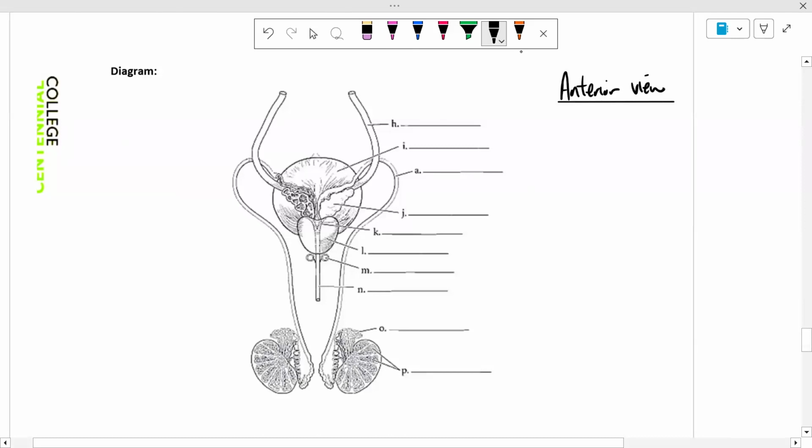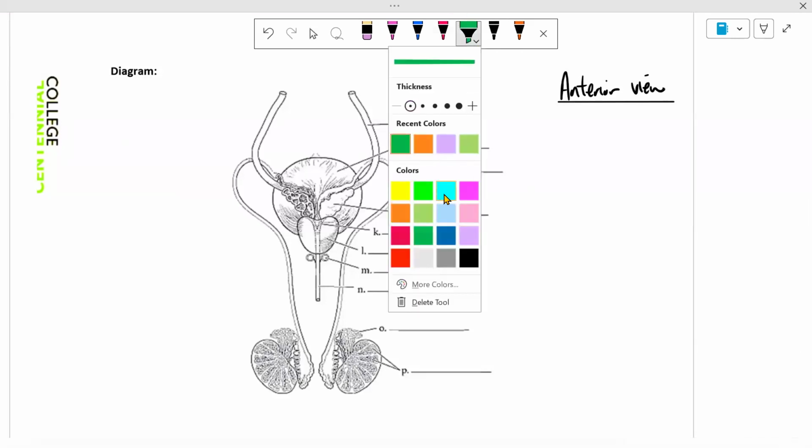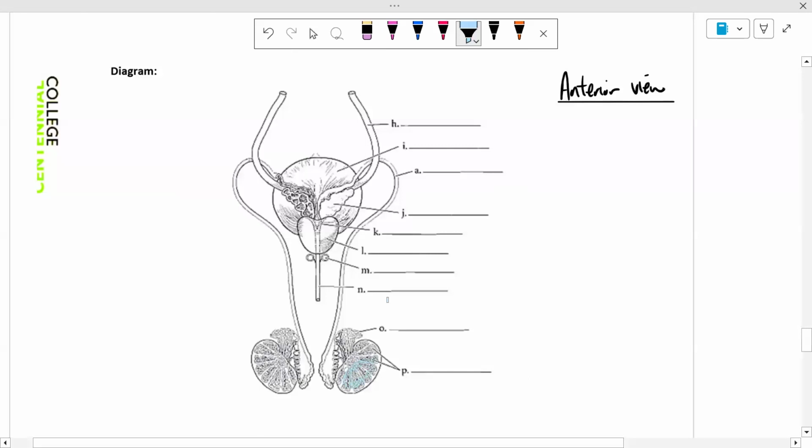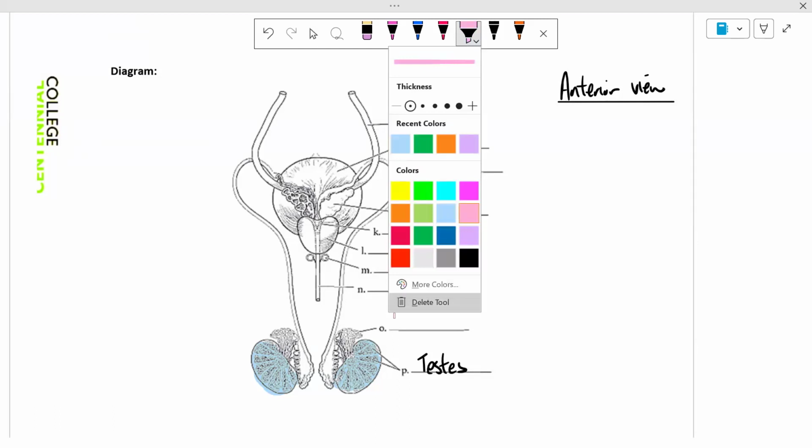Lots of tubes here. I guess we'll start at the bottom. What do you think those are? Those are the testes, right? Testes for plural, testis, T-I-S for singular. That's where the sperm are produced, right?